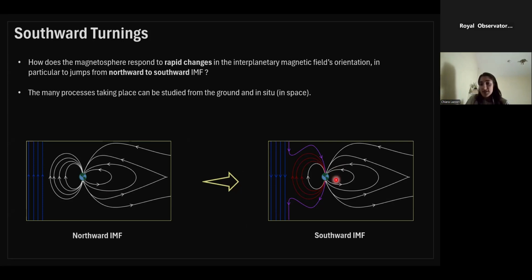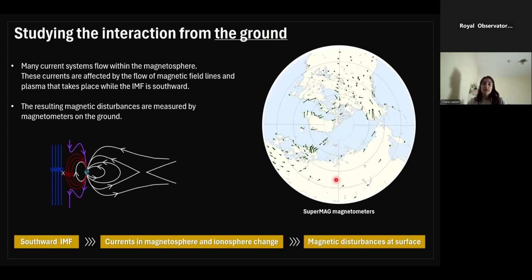There are many processes taking place as a result of that, and we can study them both from the ground, but also in space. But we'll start by looking at what we can see from the ground.